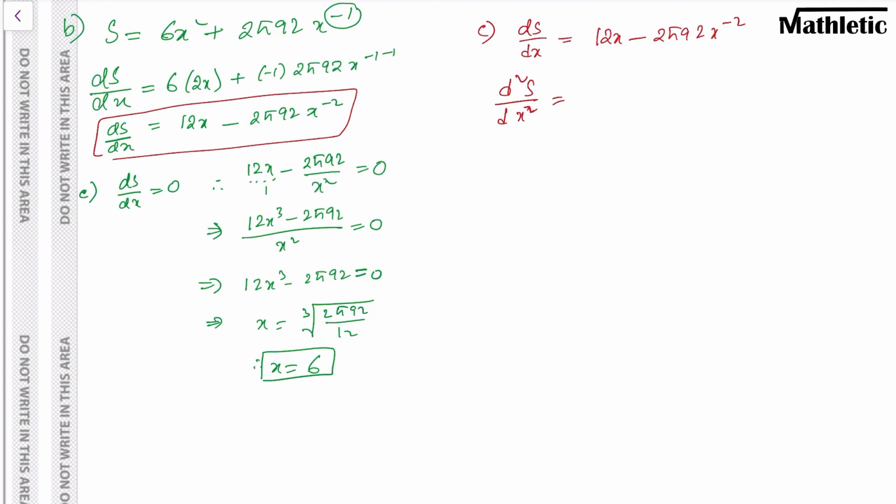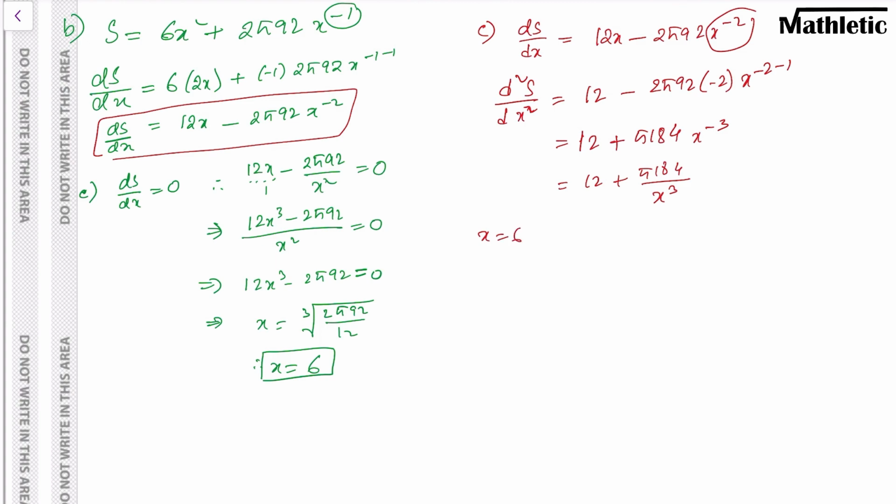So 12x becomes 12, and for minus 2592 x to the power minus 2, we get minus 2 x to the power minus 2 minus 1. So minus minus will give us plus 2592 into 2, 5184 x to the power minus 3. Since I know the value of x, I will just substitute it here.